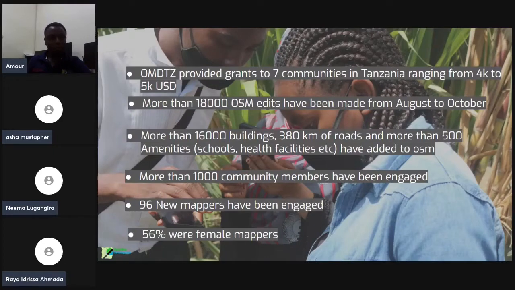This community also engaged new mappers to work with them in implementing this project. And among the mappers that were engaged in different projects, we found that 56% were female. So it's good that females are now empowered in doing mapping activities.